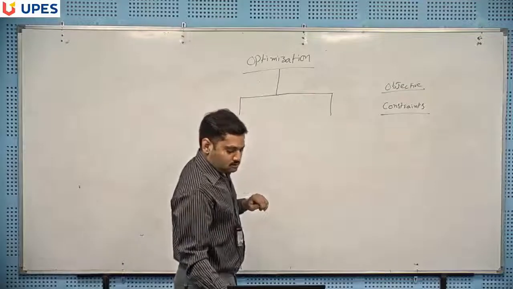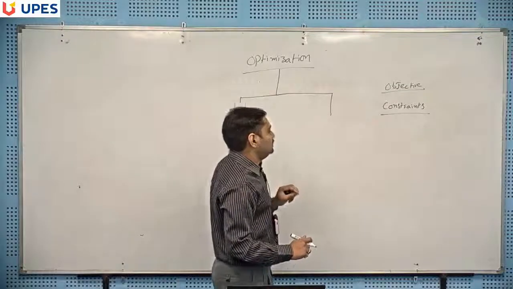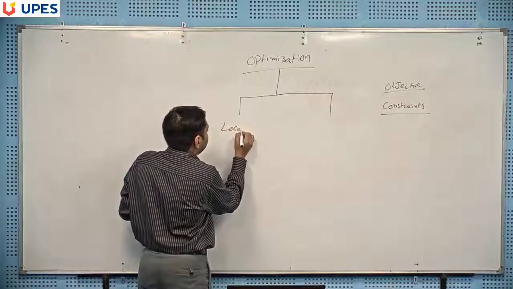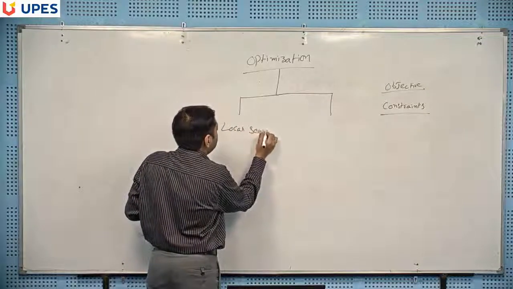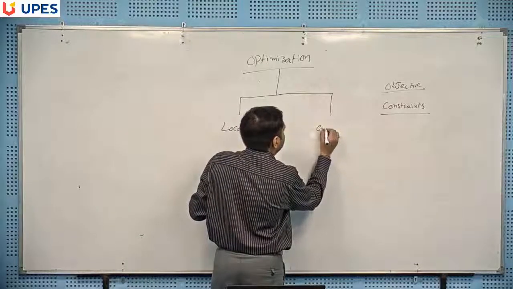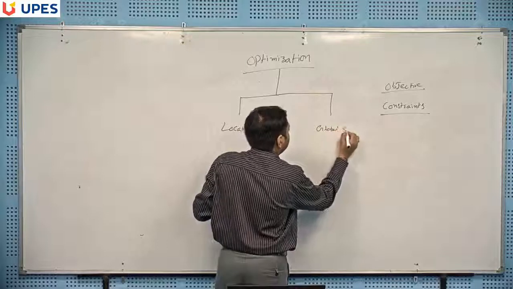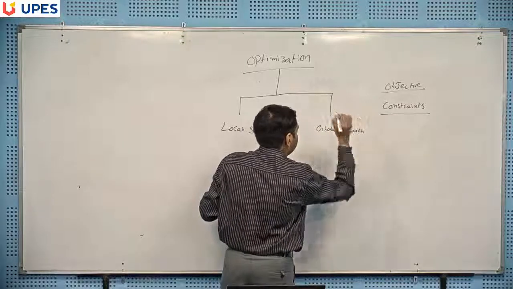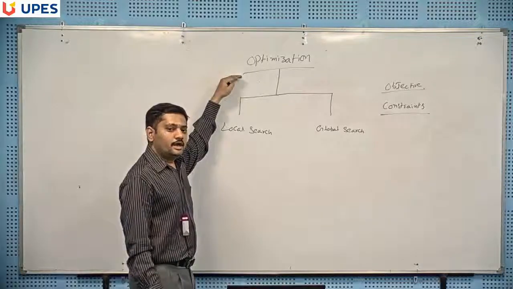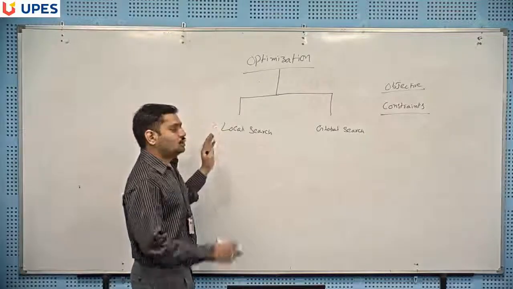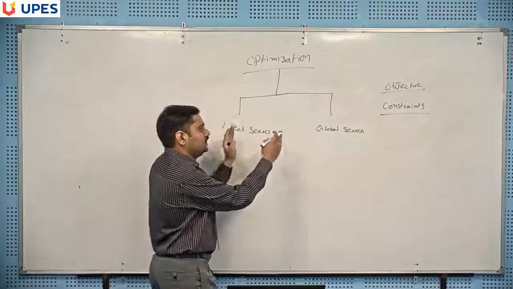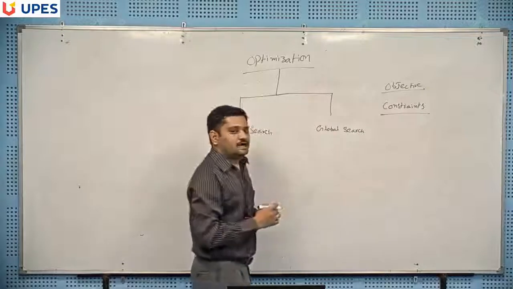There are two classes of algorithms: one is local search and the other one is global search. To solve optimization problems, we have two classes of search algorithms, local search algorithms and global search algorithms.